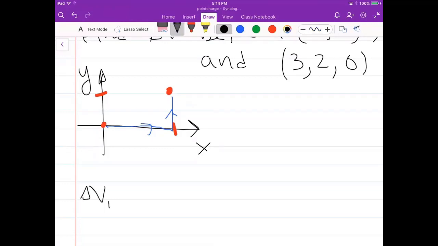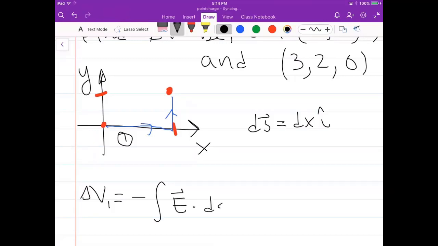So let's say delta V1 is the delta V for that first path that goes along the x-axis. Now notice that in this case, ds is equal to dx times i hat. Any delta V is always the negative of the integral of E dotted with ds.